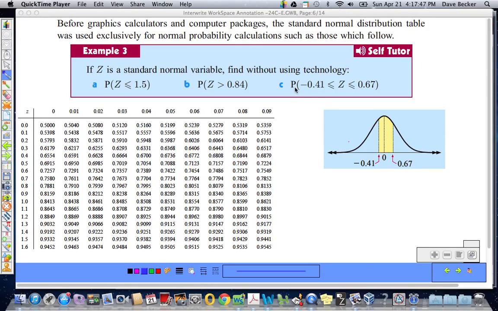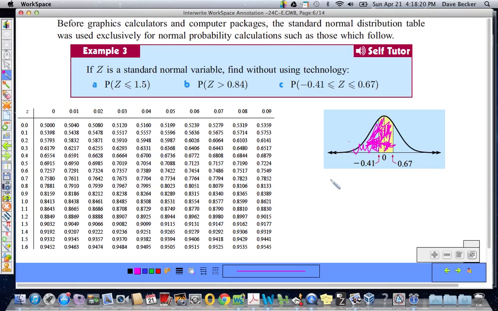So we are finding the probability that the standard normal variable Z lies between negative 0.41 and 0.67. Okay, so what are we looking for here? Well, I think you'll agree if I could take all of this area here, that would be the probability that z is less than or equal to 0.67.